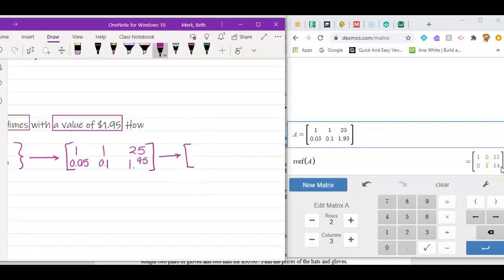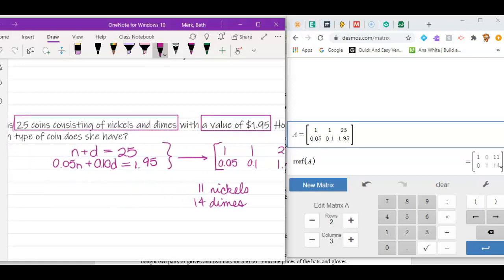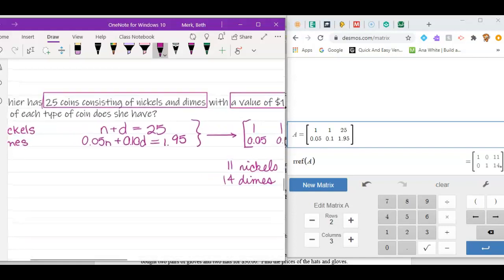My answer matrix is the identity with 11 nickels and 14 dimes. And you can check it. If you take 11 plus 14, do you get 25? Yeah. If you have 11 nickels and $1.40 in dimes, is it $1.95? It sure is. So we know we're right.